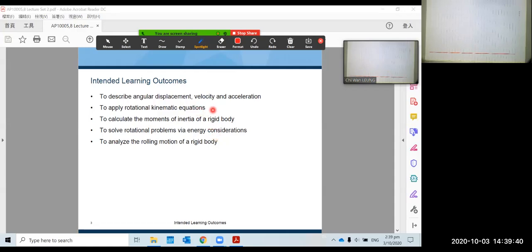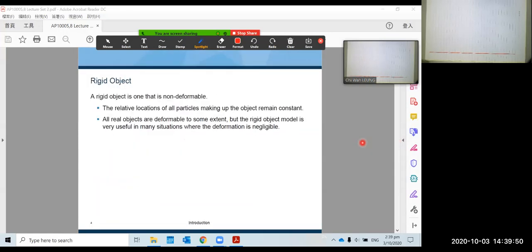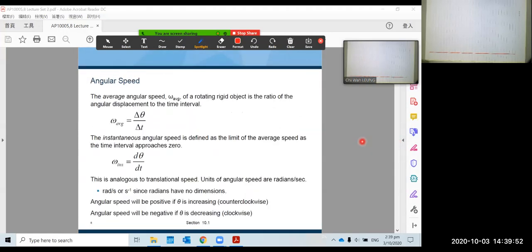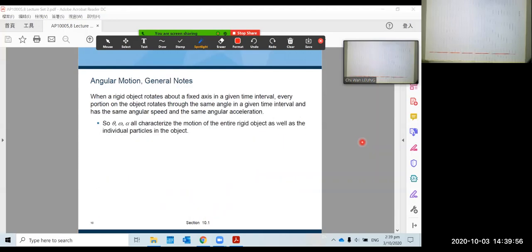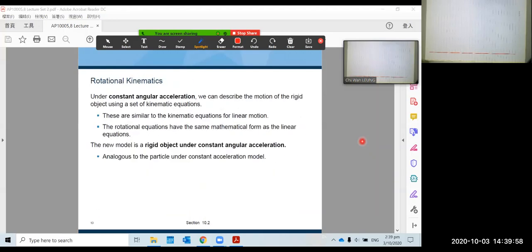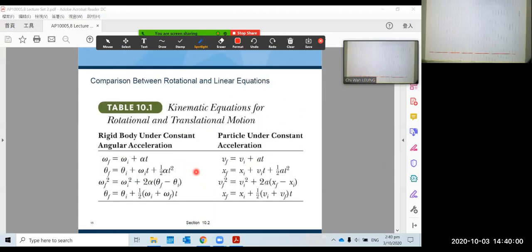So at the beginning, we talk about these parameters, and we talk about the kinematic equations. It is very important to note that many of these rotational kinematics equations, you could find the similarity with the case of linear motion.